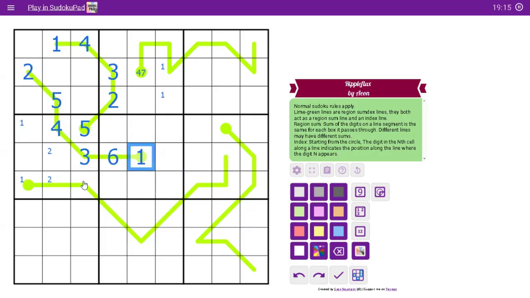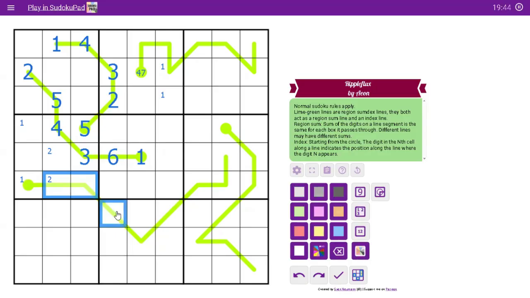Now, how do we make more progress? The 1 is kind of interesting. The 1 has to go on the line somewhere. Clearly. The 1 could go here, right? It can't go there.